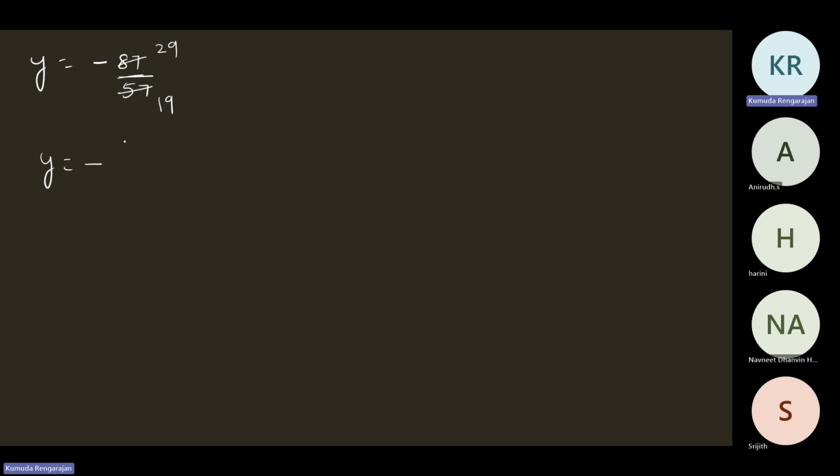Write that as a mixed fraction. 19 ones are 19, 10 is the remainder. So minus 1 and 10 by 19.